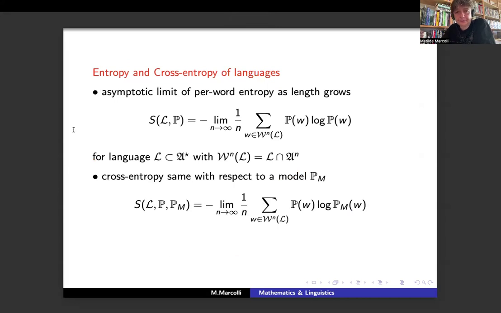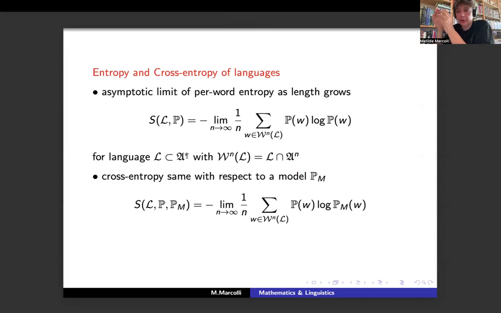And if you have a formal language, the outcome of a formal language are strings. A formal language is a certain subset of the set of all possible strings in a given alphabet.